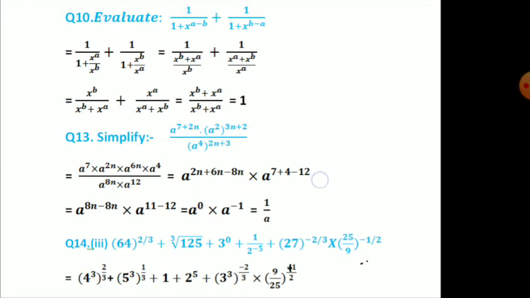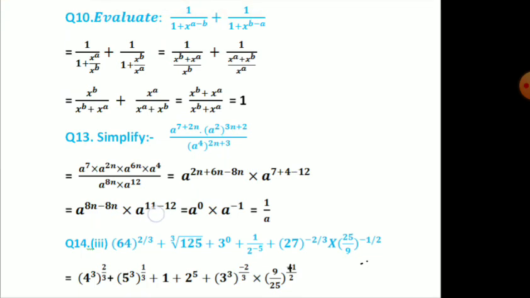Again a to the power 7 plus 4, and here 12 is in the denominator, that is division form. So we've written it as minus 12. So here we'll get a to the power, see 2n plus 6n, that is equals to 8n. So we've written it here as 8n minus 8n. And 7 plus 4 is 11. So here we'll get a to the power 11 minus 12.